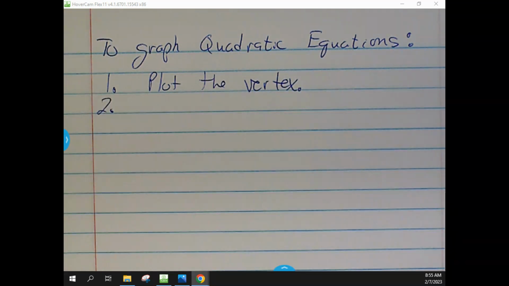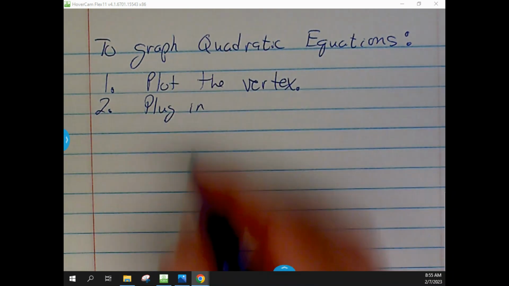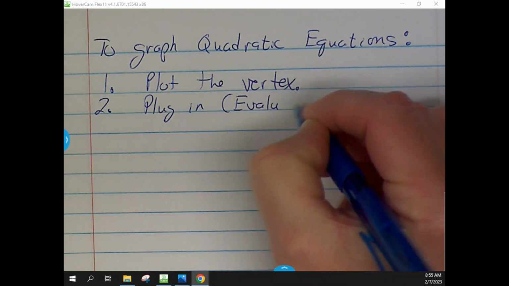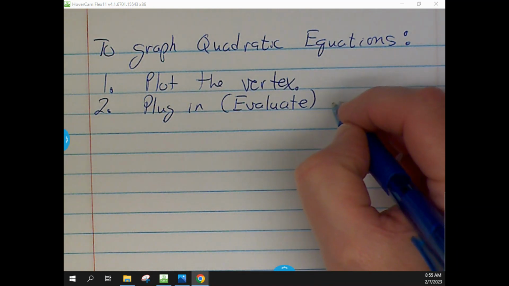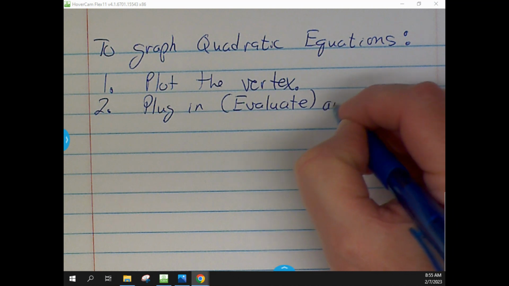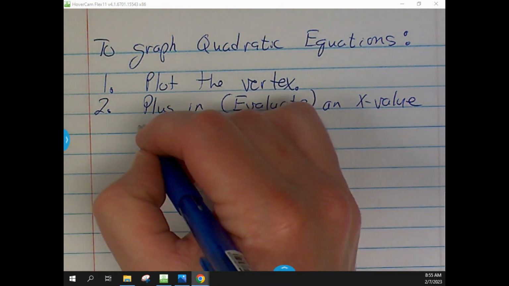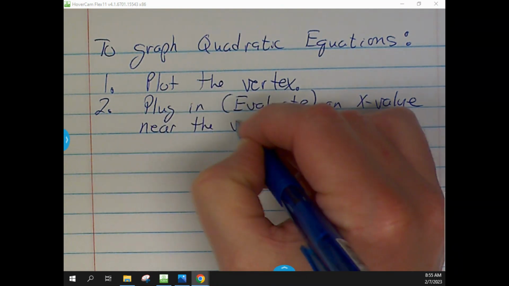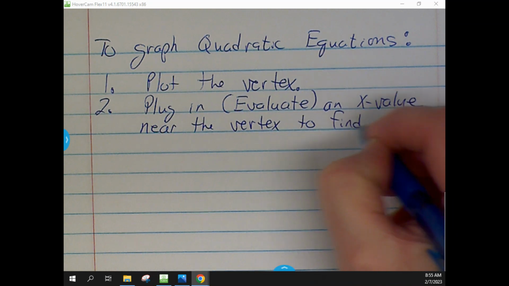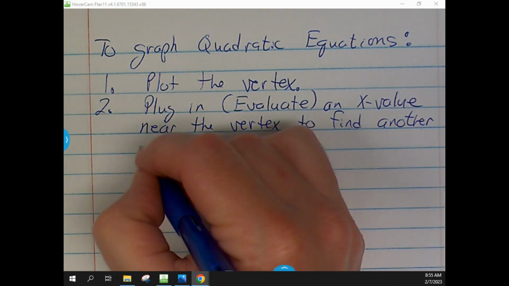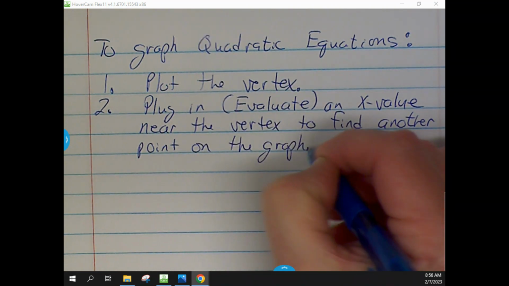And then after that, you need to plug in, the fancy word for that is evaluate, an x value near the vertex to find another point on the graph.